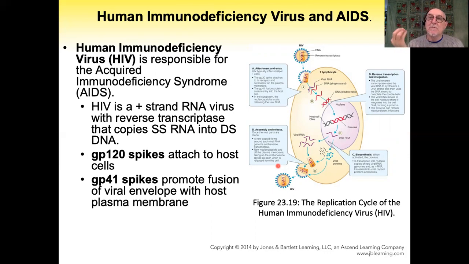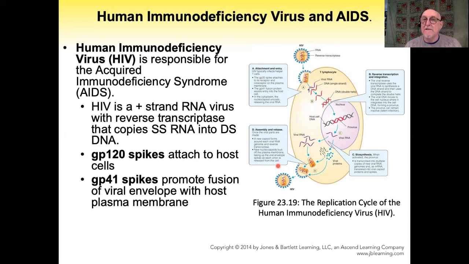And it's reverse transcriptase because it reads the messenger RNA strand, which is the genome of HIV, and from that, it produces DNA. It's not reading DNA and producing RNA. It's reading RNA and producing DNA. And that DNA strand is then integrated into the host genome. It's a very strange strategy.